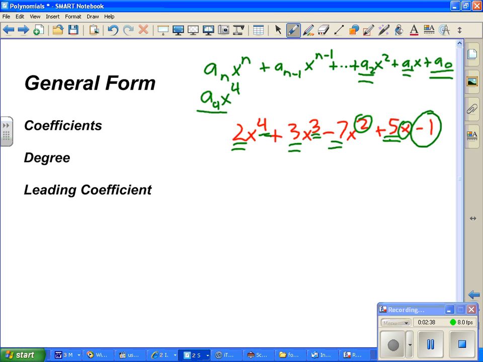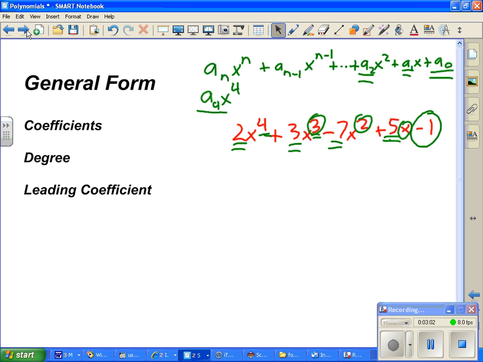Okay, a sub n minus 1. Well, if n is 4, n minus 1 is 3. So that's the third coefficient because obviously x is cubed. Okay, hopefully this makes sense.